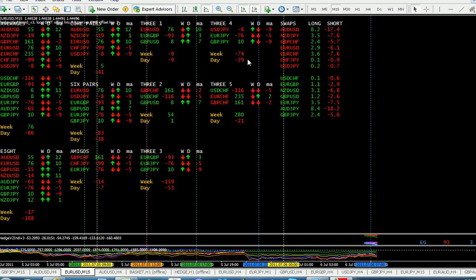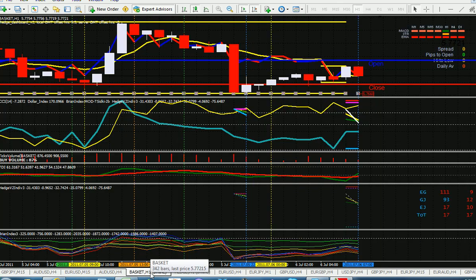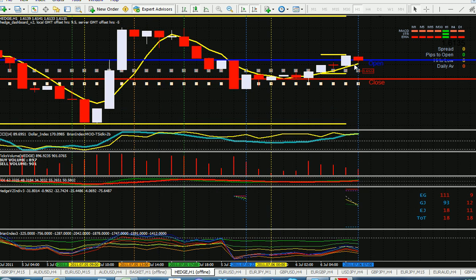At any particular time, this also has the lowest drawdown value of all the currencies. And you'll also notice at any particular time that it says short on the basket and the hedge is short.